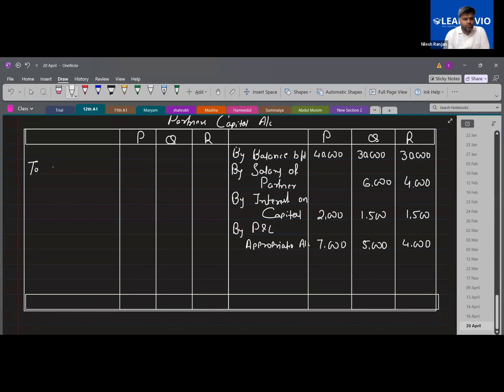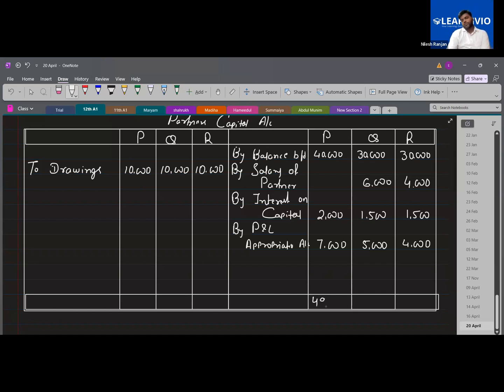So, drawings. Partners had withdrawn 10,000 each. Every partner, 10,000. So this is our complete solution.